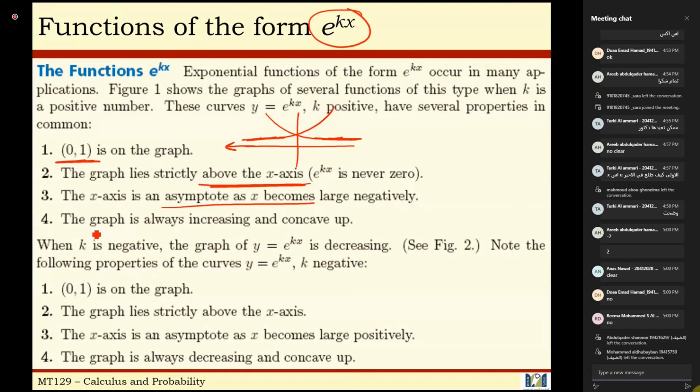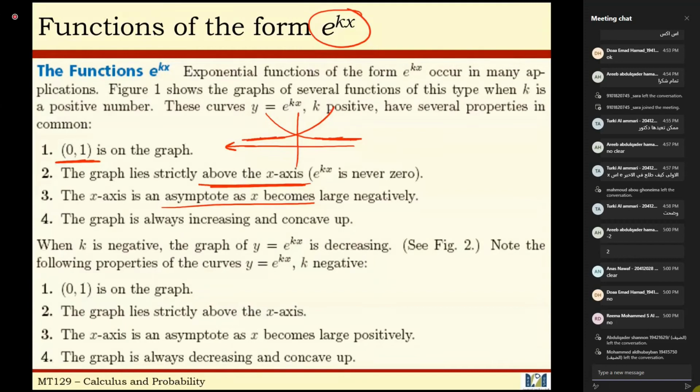Always we have increase or decrease, and concave up. In each case, we have decrease or increase, but in each case we have concave up. We don't have concave down. It is increasing if we have b, or the k here, where b equals e, so e is 2.5, greater than 1, so we have increase, yes, if k is positive.